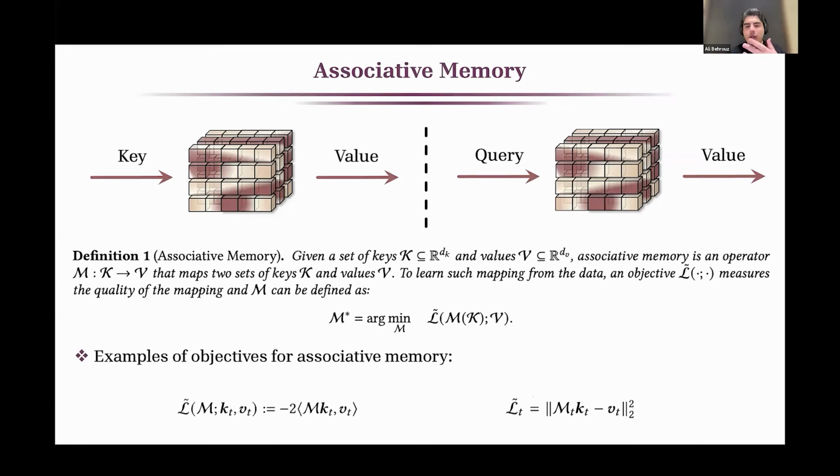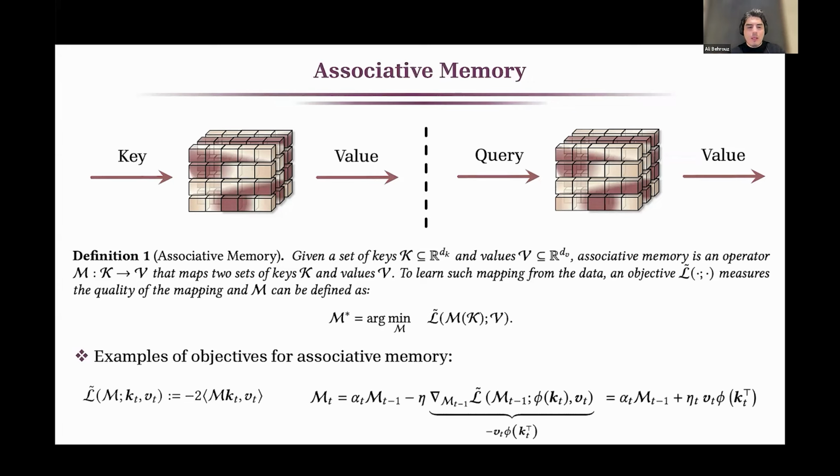And there are a lot of design choices here that we can make. So for the case of this simple dot product similarity function, we can say that I just want to minimize this objective using gradient descent or any other form of optimization.